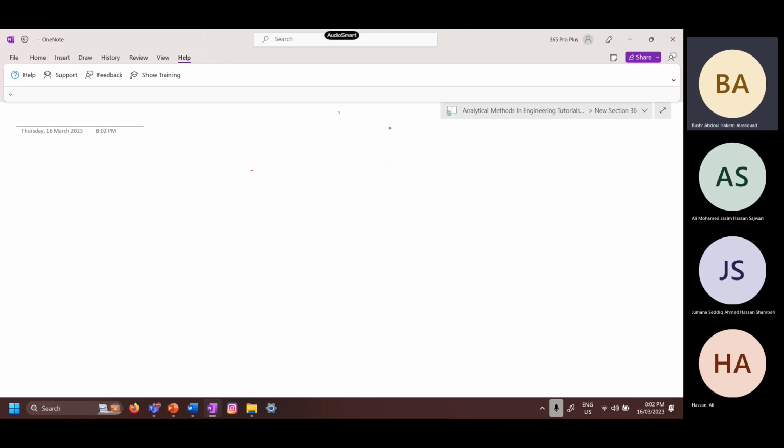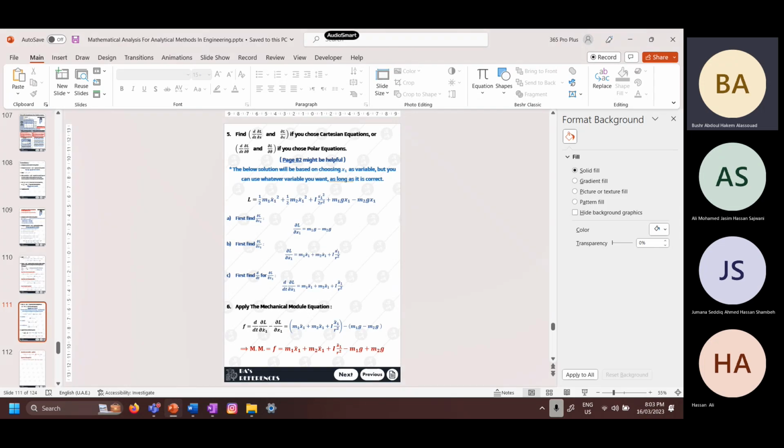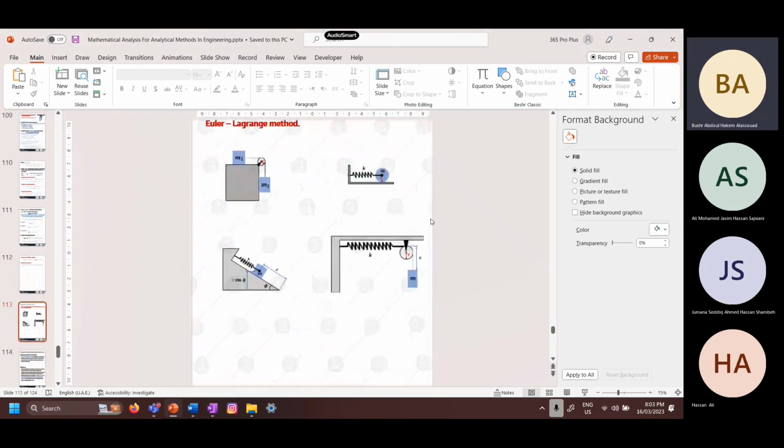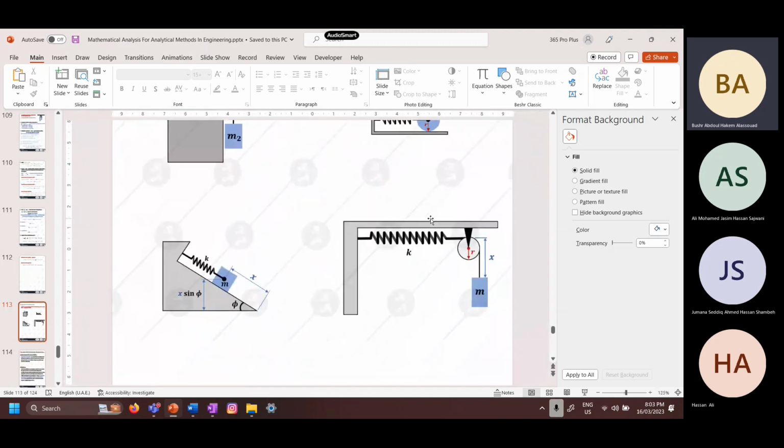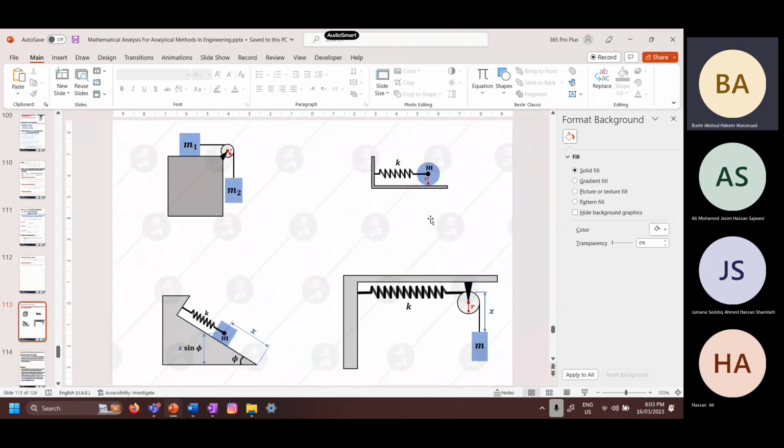If you want to view these questions, I sent you the problem set in your email. So just please view them. Mainly, there are going to be 4 problems. If you want to take a screenshot, it's here. These are the 4 systems that you're going to solve in the next tutorial.